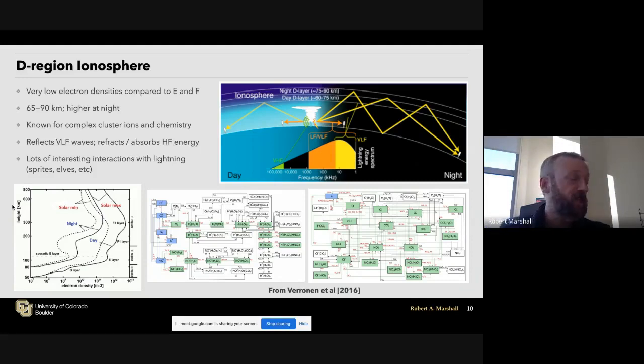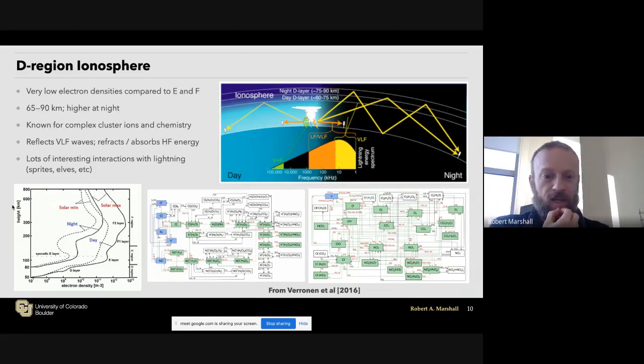The D region is particularly known, though, for the complex cluster ions that exist in this region. And those end up leading to, as I said, a complicated chemistry. The two plots on the bottom right are a reduced chemistry model for the D region ionosphere, highlighting just some of the main constituents and really just trying to show you how complicated all the various chemistry pathways are.